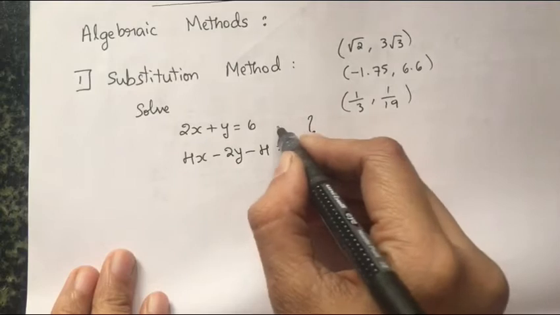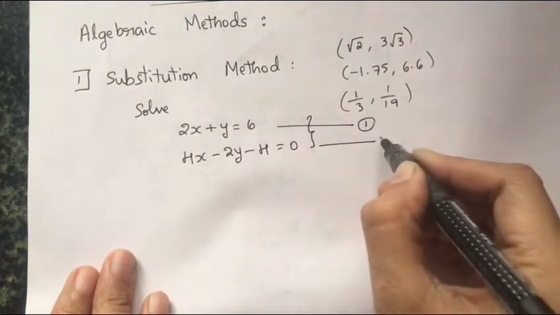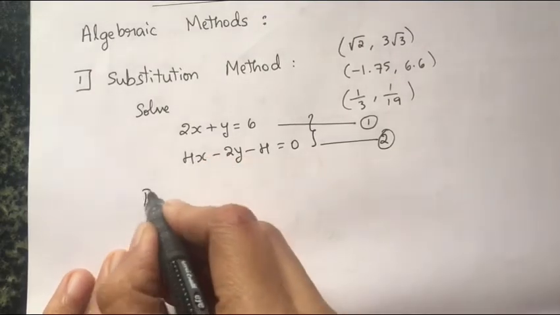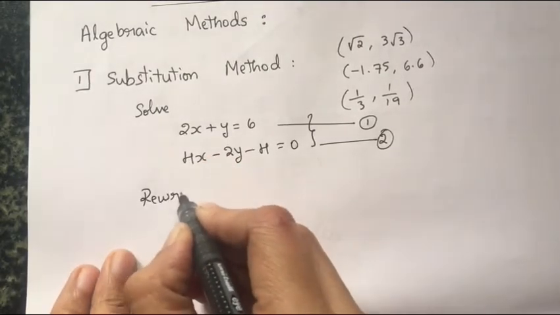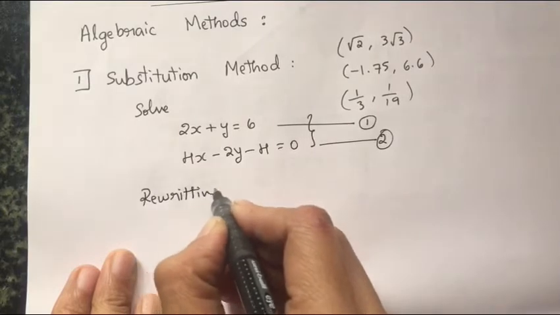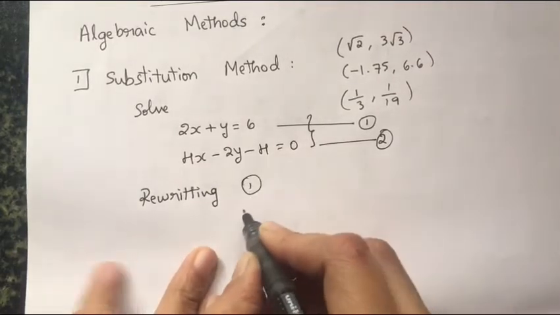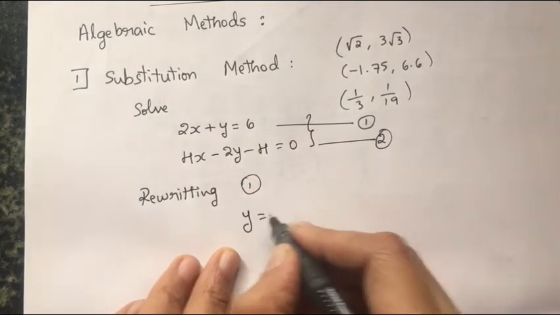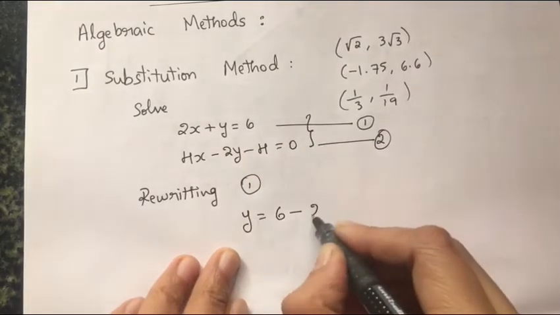I'll call this equation 1, this equation 2. Rewriting equation 1, I'll take 2x to this side: y equal to 6 minus 2x.